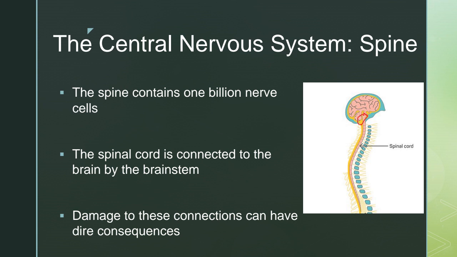And damage to these connections can have very dire consequences because we're talking about vital functions. Your heart doesn't beat in isolation from your central nervous system. Your respiration doesn't occur in isolation from your central nervous system. So all of these vital functions are dependent on regions in the brainstem.